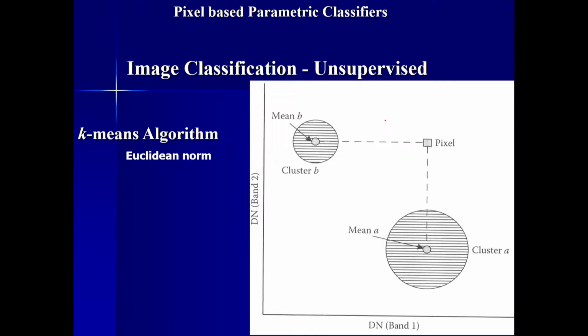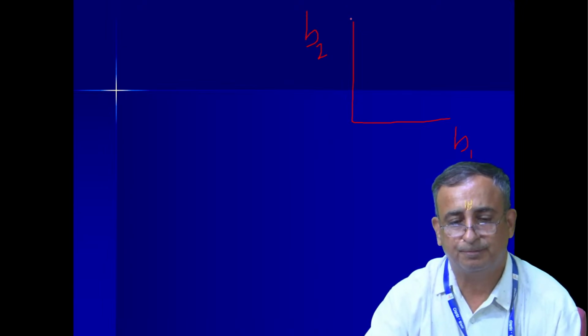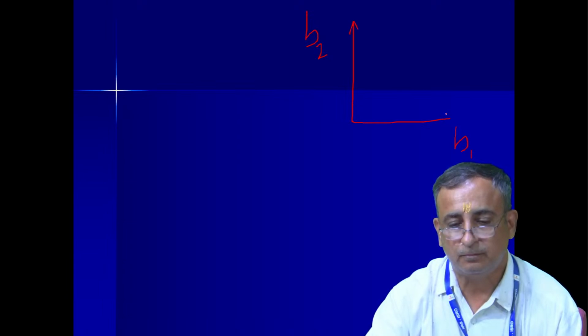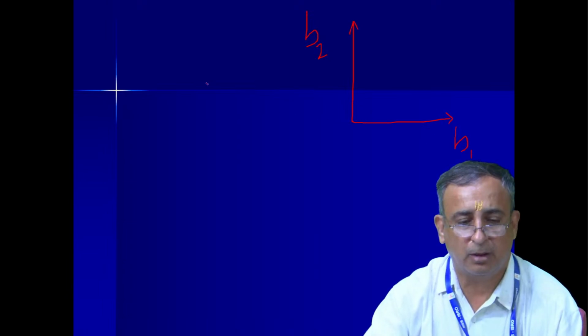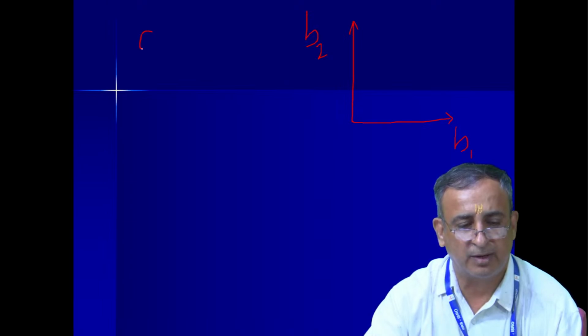So how the algorithm works, a little bit I can try to draw. Suppose you have a 2-band image, so you can plot band 1 on the x-axis and band 2 on the y-axis. Now since you are going unsupervised, you can decide the number of clusters.